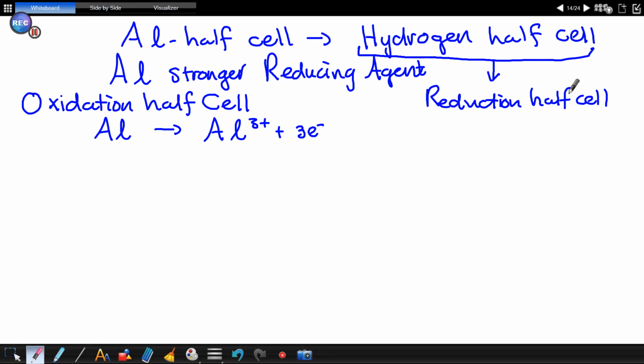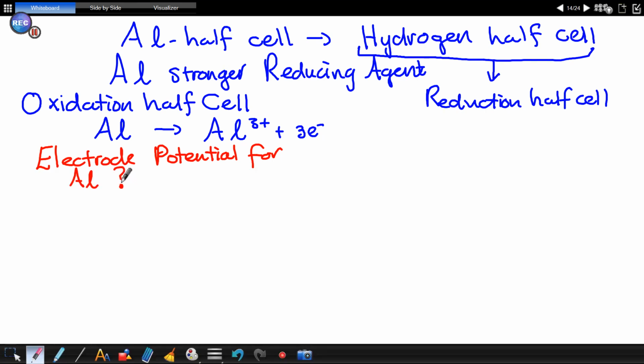The aim of the game is to get the electrode potential for aluminium. That is what I want.